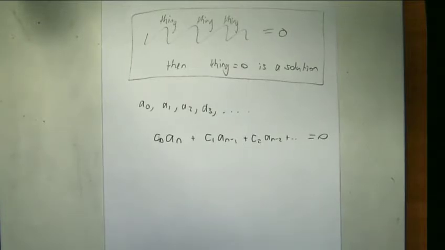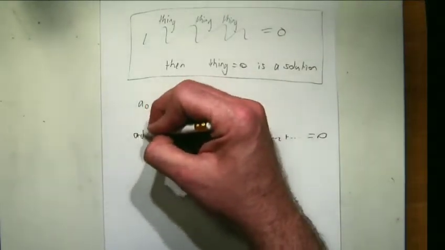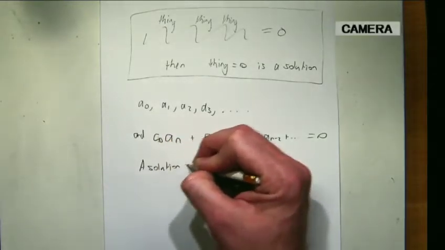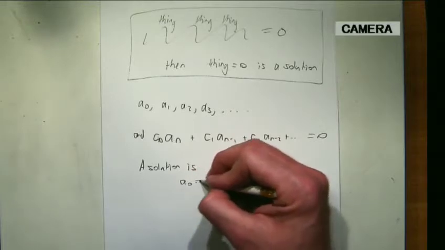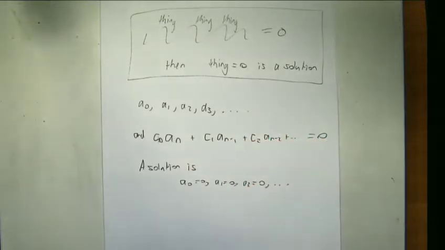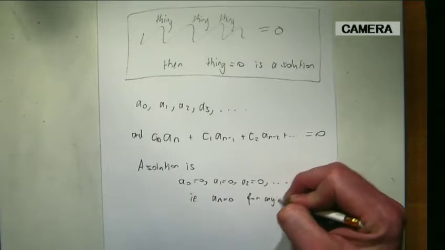You're told that. And so you know that one solution would be that A0 is 0, A1 is 0, A2 is 0, and they're all 0. So AN is 0 for any n.